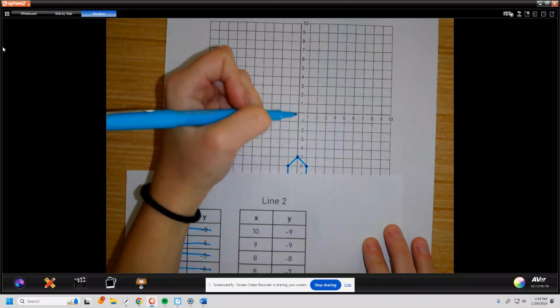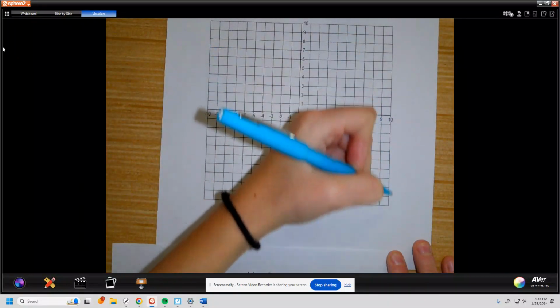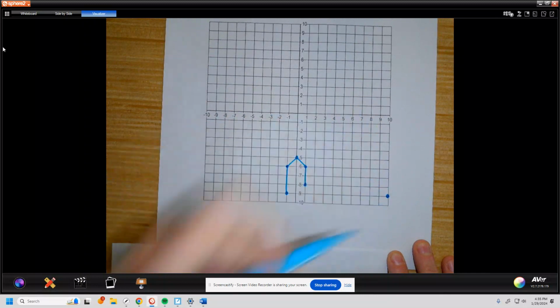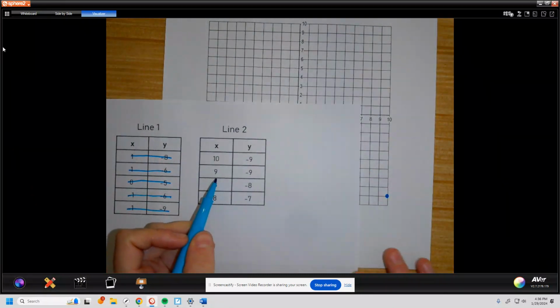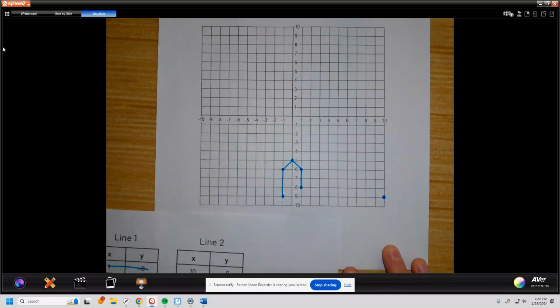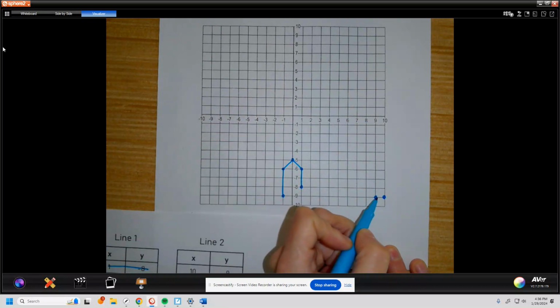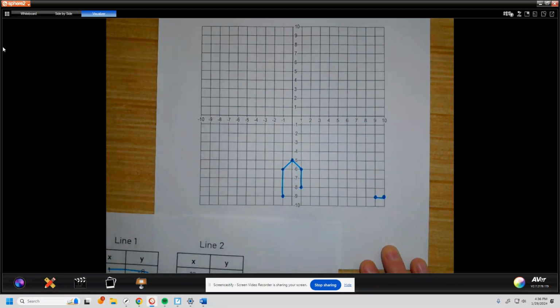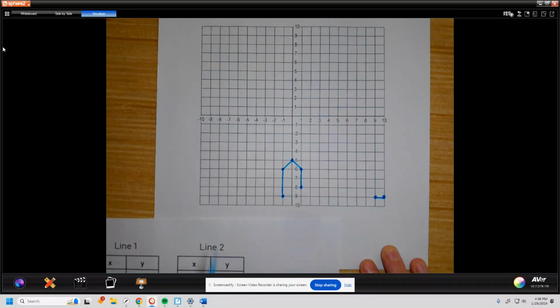First it says go to 10x and -9y. So all the way down in the corner. Next point is 9x and -9y. Let's see, (9, -9), so right next to it. Connect it back to the first one. Next one is 8x, -8y.